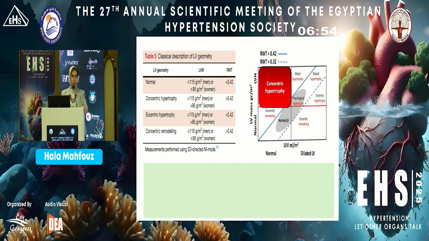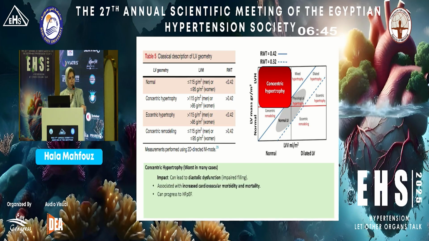The others are also important, but concentric hypertrophy with elevated mass and relative wall thickness is serious because it is usually associated with diastolic dysfunction and progresses to diastolic heart failure or HFpEF. Also, it is associated with increased risk of morbidity and mortality, and that's why we should consider this phenotype of left ventricular hypertrophy and remodeling, and if it exists, we have to manage the patient carefully to avoid its progression into mortality.